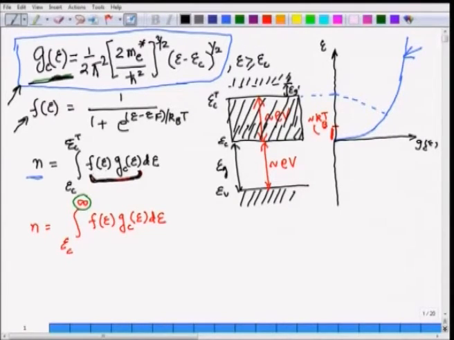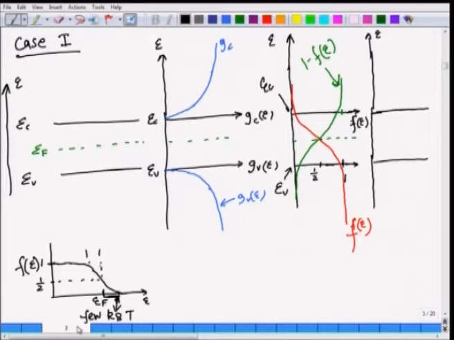Remember, f of E was plotted by the red line and GC was plotted by the blue line. I am going to take graphically the product of the red line and the blue line and then plot that. So, let us do that right here. I am going to take this GC and multiply it by f of E, the red curve, and plot here f of E into GC of E.